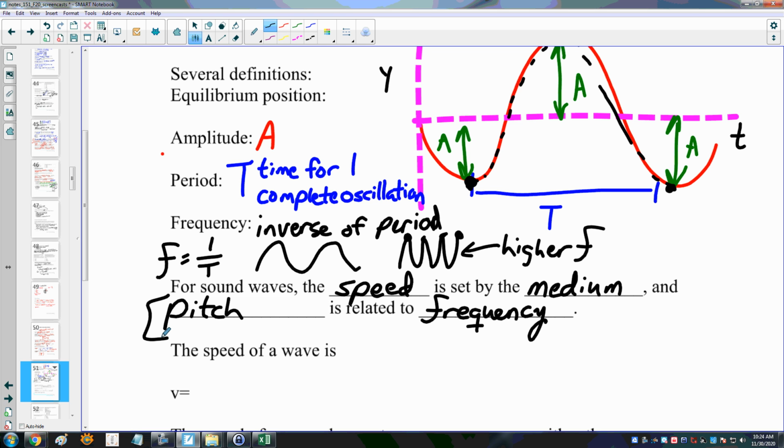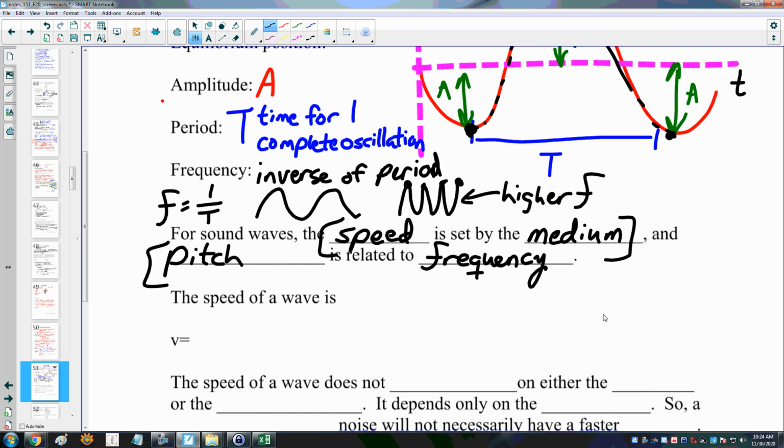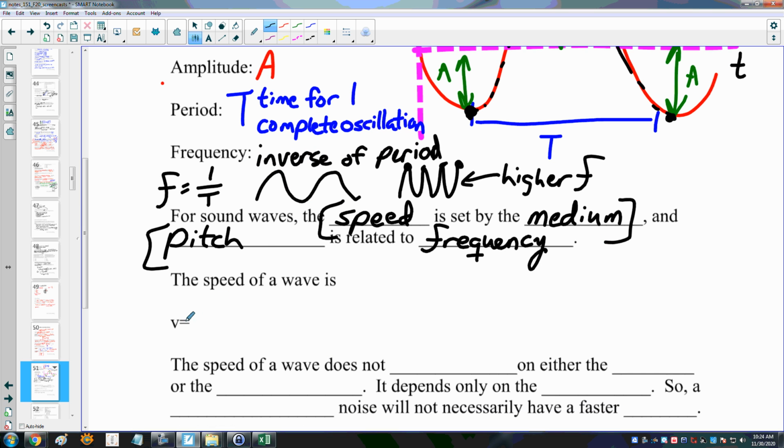High frequency is a higher pitch, low frequency is a lower pitch. This you might not be so familiar with, but it's very important that the speed of a wave is set by the medium. If it changes mediums, then it will change its speed. The speed of the wave is given by this formula. The speed is equal to the frequency times the wavelength.